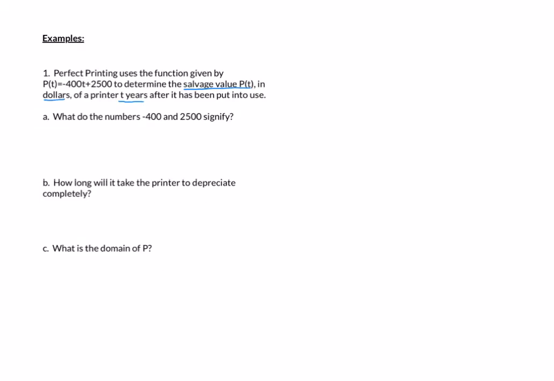So the first thing we want is, what do the numbers negative 400 and 2500 signify? So our slope is negative 400. We want to interpret it. So the salvage value decreases $400 per year.